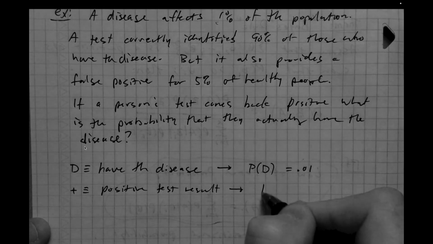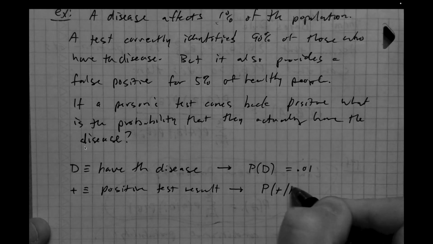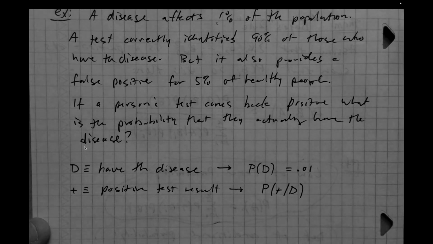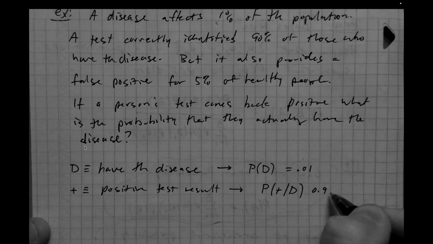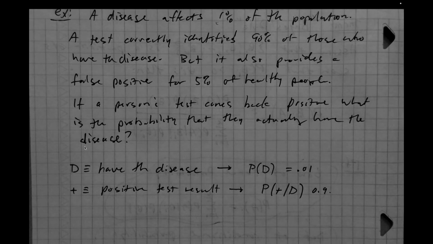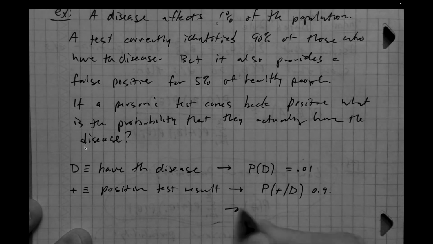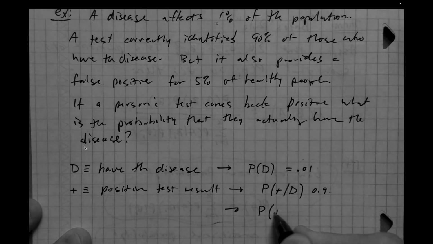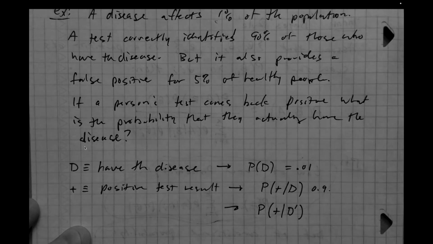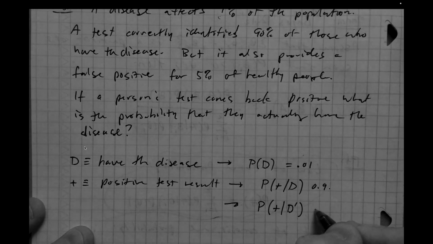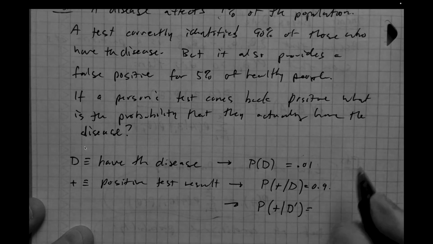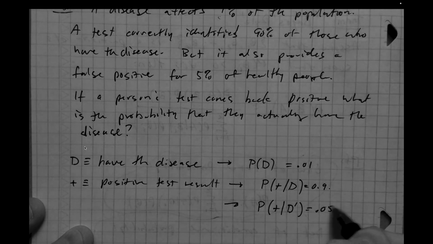You can get a positive test result when you have the disease, and we're told that that's 90%, so 0.9. If you have the disease and take the test, you get a positive result 90% of the time. We also know there's a false positive: the probability of a positive result given that you don't have the disease, D complement, is 5%, so 0.05.